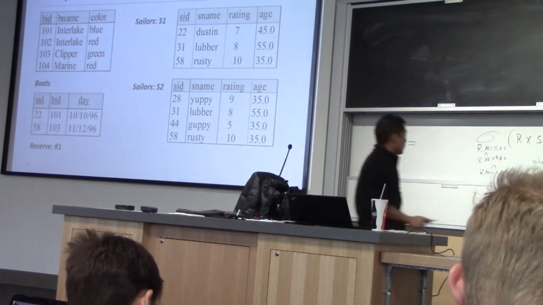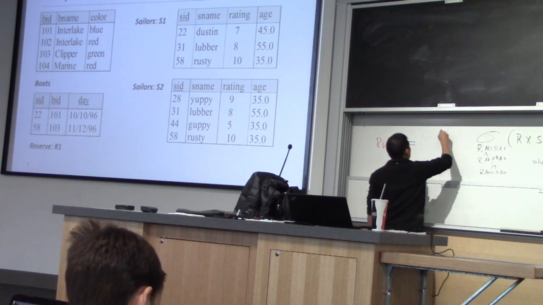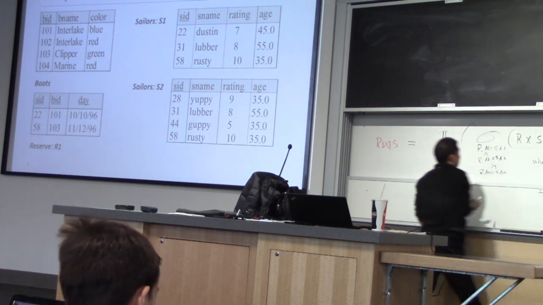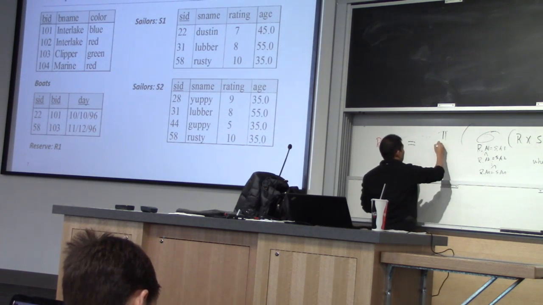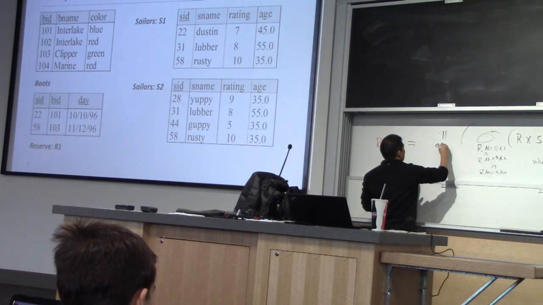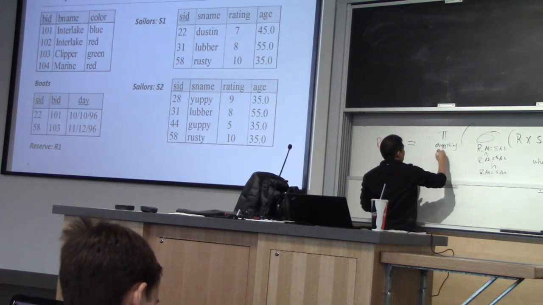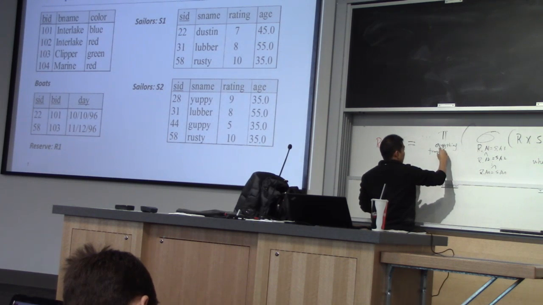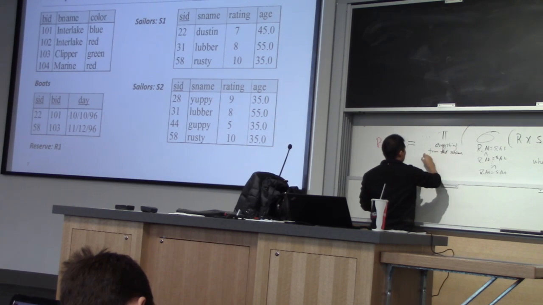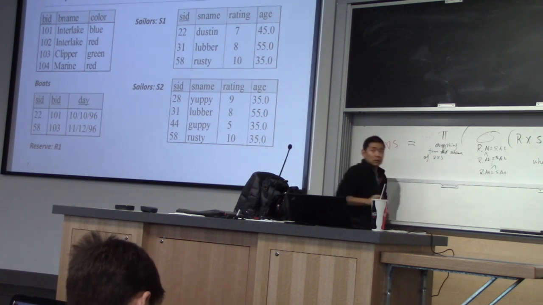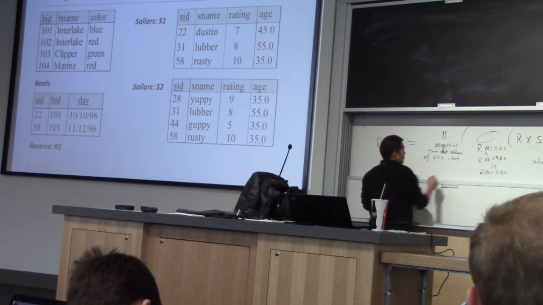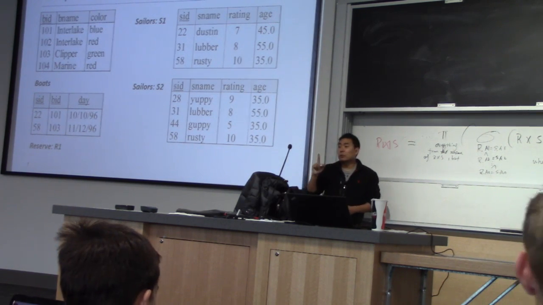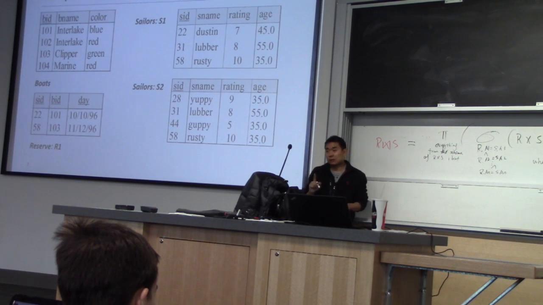And finally, you do a projection. You project out everything from the schema of R cross S. So take everything, but for common attributes, you project them out only once.